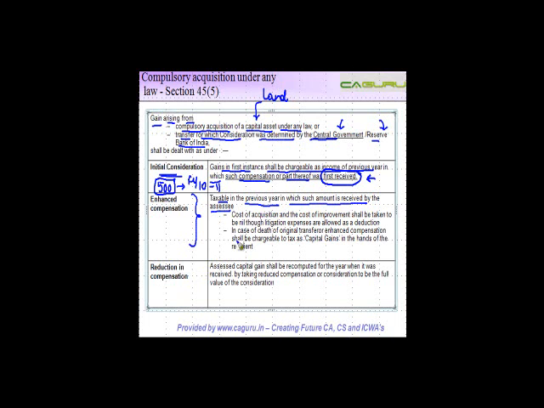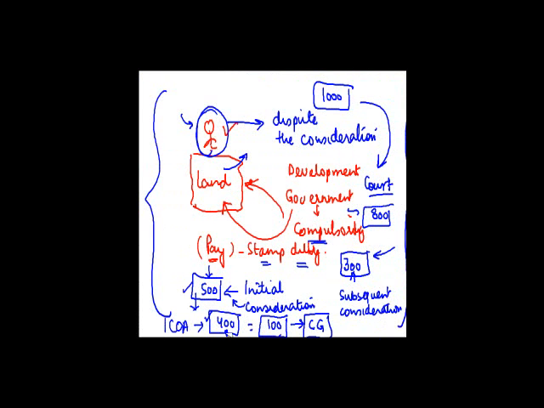But the treatment is what? The cost of acquisition and cost of improvement shall be taken to be nil, though litigation expenses are allowed as a deduction. Now, the reason why cost of acquisition and cost of improvement is taken as nil is because the entire cost of acquisition and improvement is set off against the initial consideration, which was, in our example, 400.